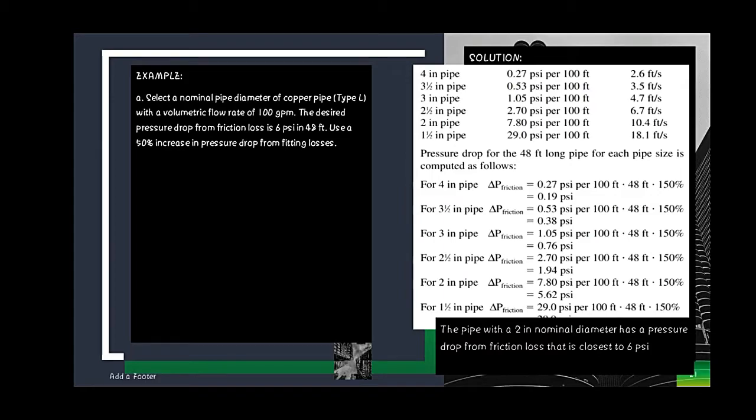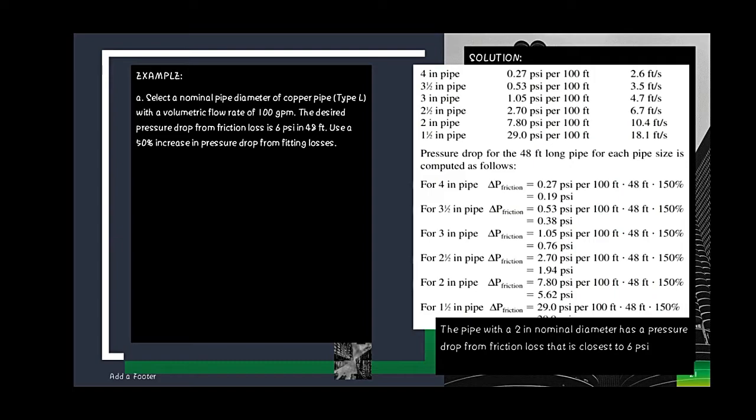So, first, the 4-inch pipe, 0.27 psi per 100 feet siya, and then i-multiply lang natin yung 48 feet, and then times 150% since 50% increase in pressure drop yung sa fitting losses natin.